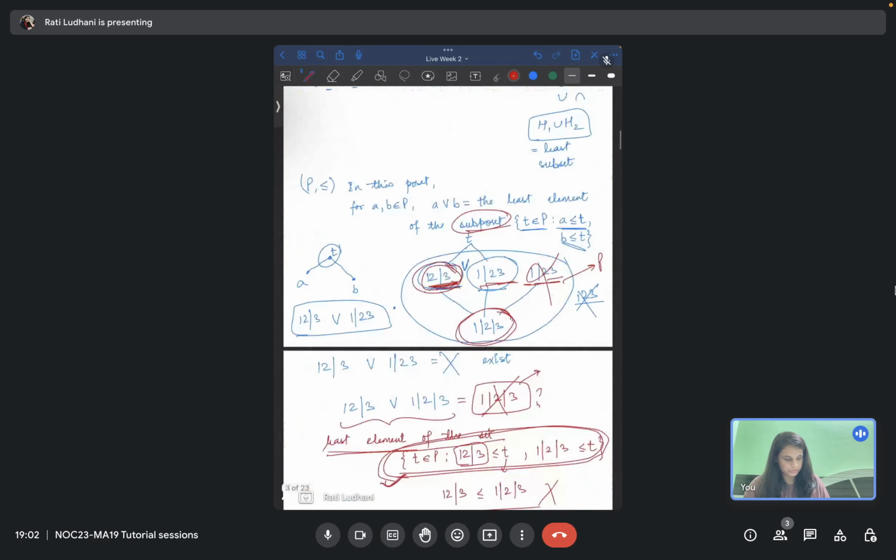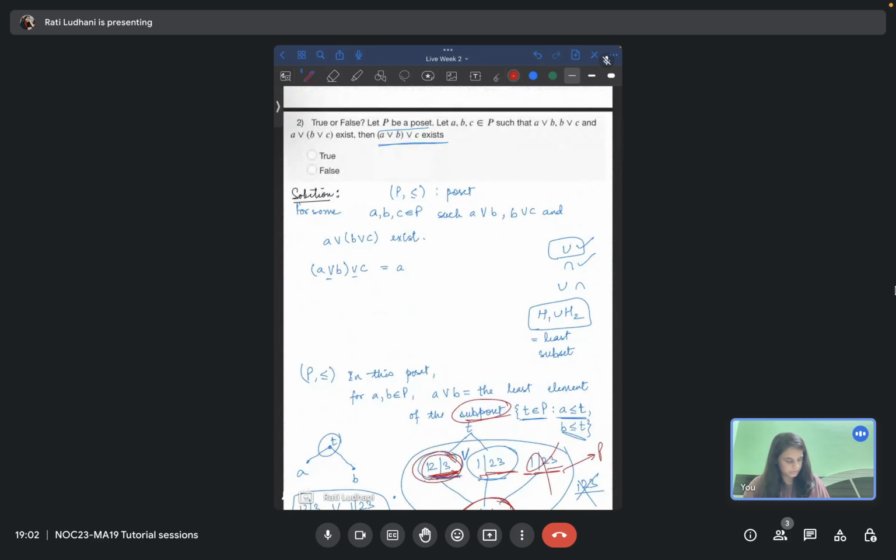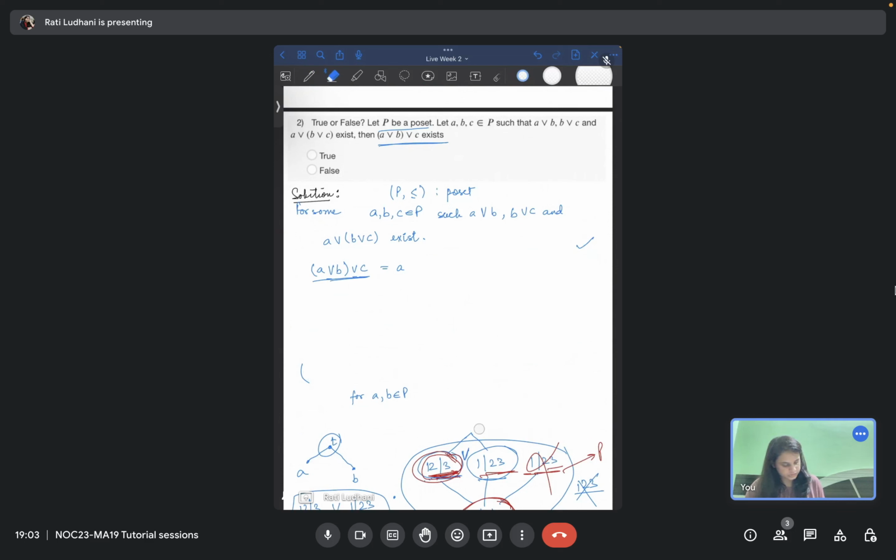In the question, what has been asked? So that was the question. What is A join B join C? Actually we can do it directly, but let's do it rigorously a bit. I'm opening this join.